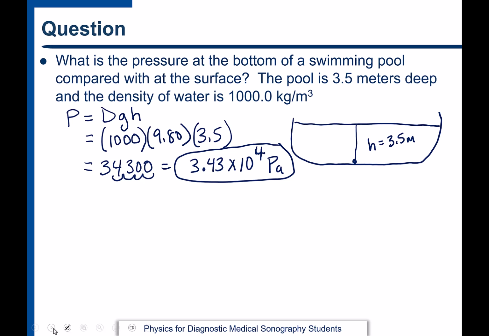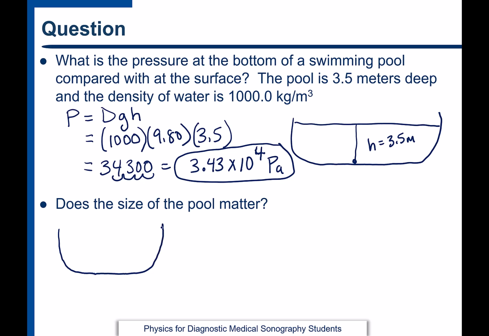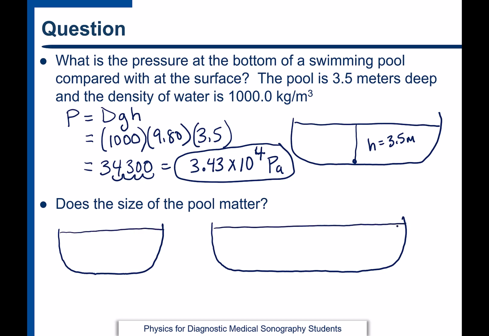Now, one question that's kind of interesting is, does the size of the pool matter? In other words, maybe I have a very small pool, or maybe I have a very large pool. But you'll notice that if the depth of the pools is the same, the pressure at the bottom is the same.